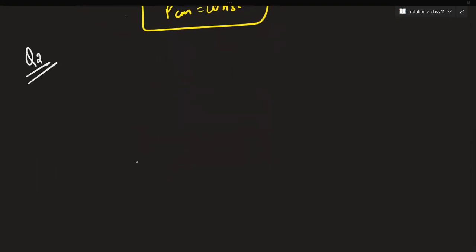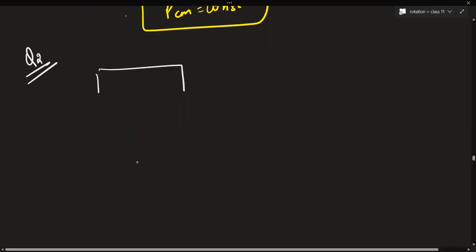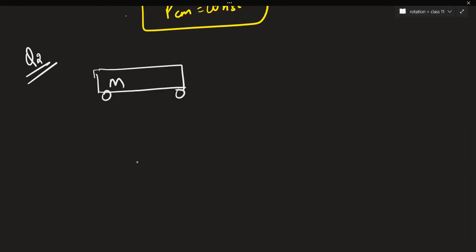See, the question basically says that a flat car of mass M is there. This rests on a frictionless floor with a child of mass m. Fine.